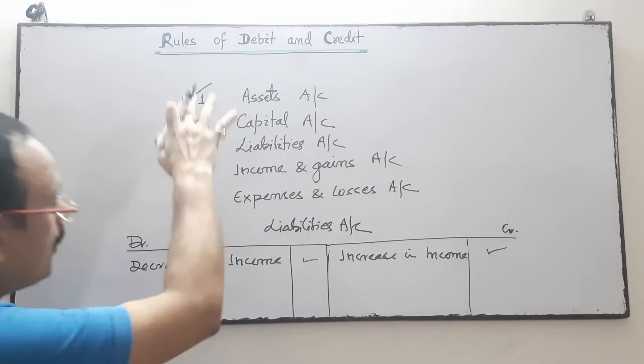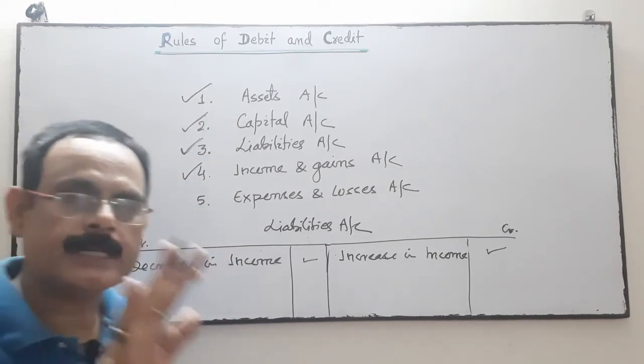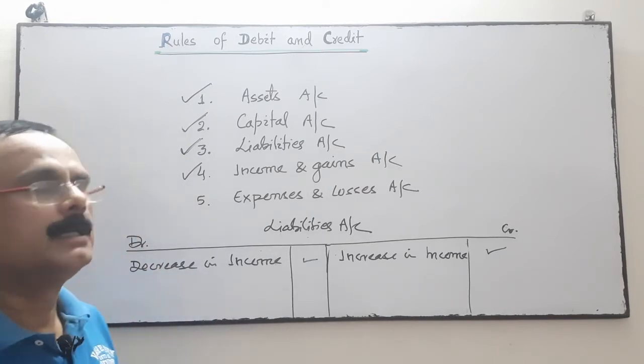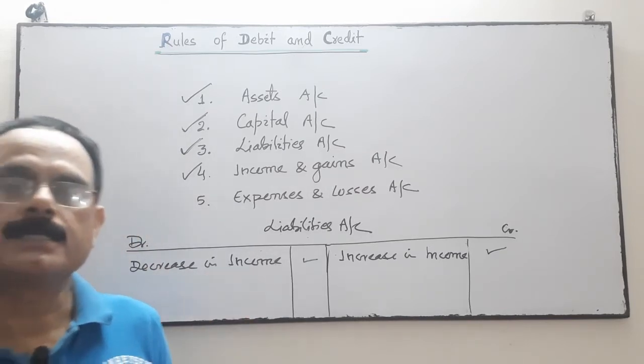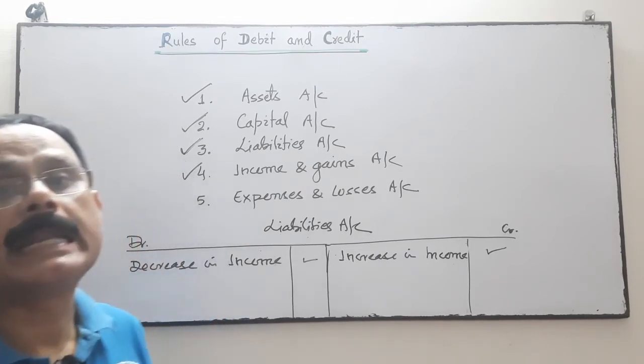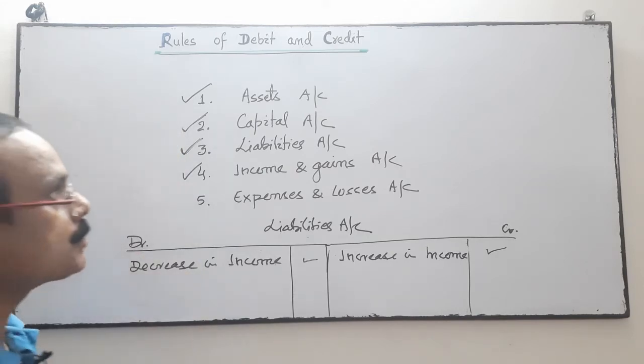There are two approaches of accounting. One is the modern approach, developed in America, and the other is the traditional rules of accounting, developed in England. Here I am discussing the modern rules of accounting.